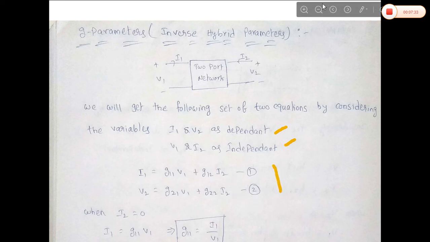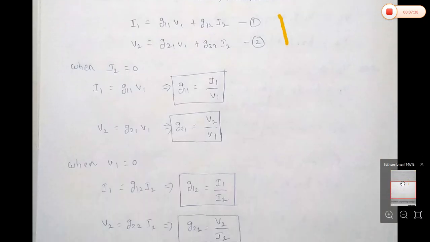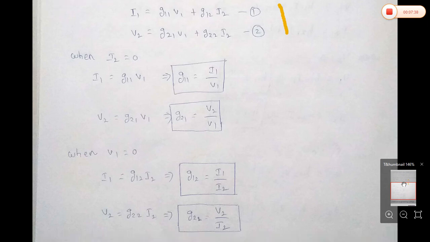From this we can calculate the G parameters in the same process. First, in the first case when I2 equals 0, substitute I2 equal to 0 in equations 1 and 2. The equations become I1 equals g11 V1 and V2 equals g21 V1.